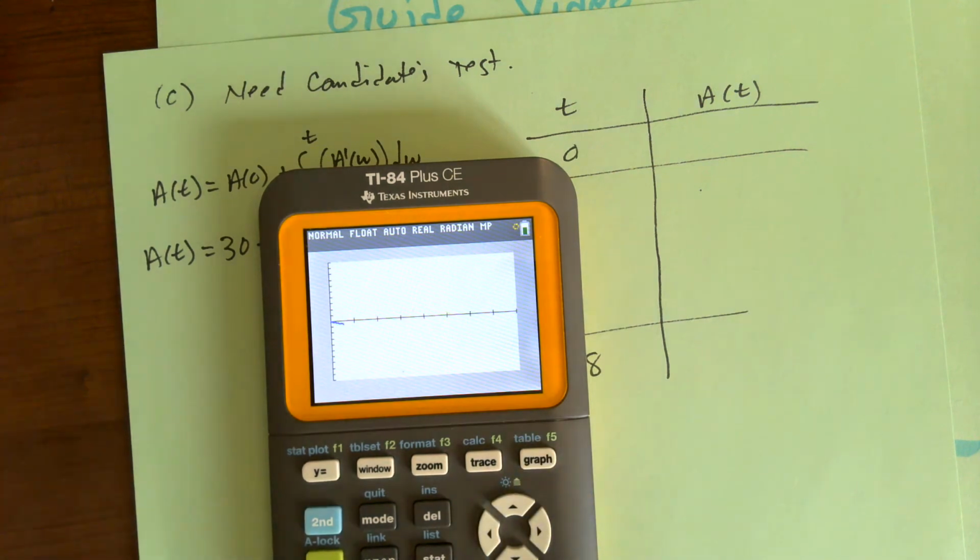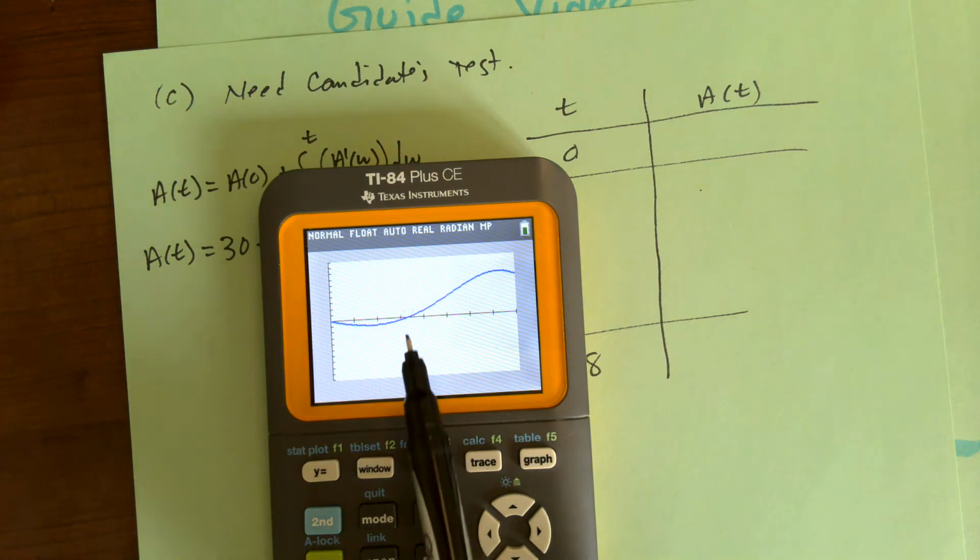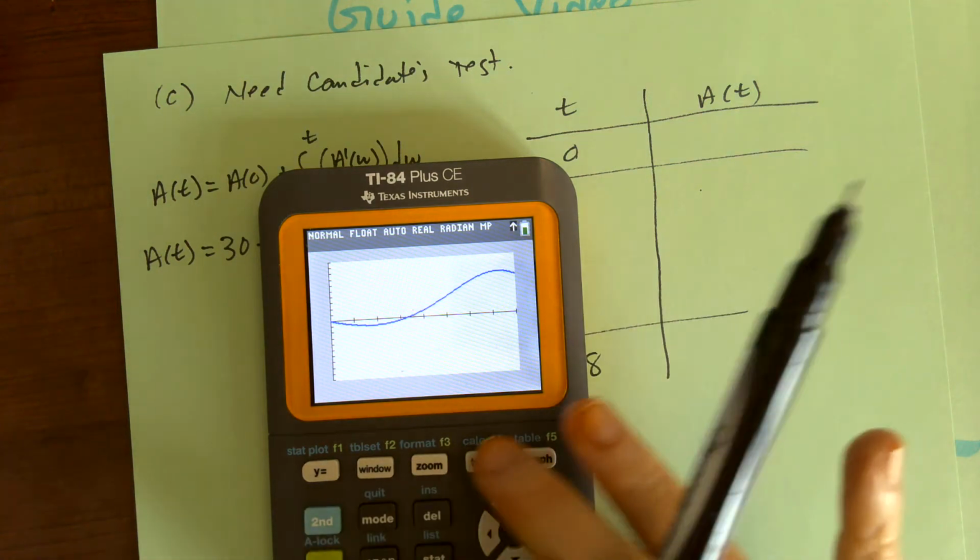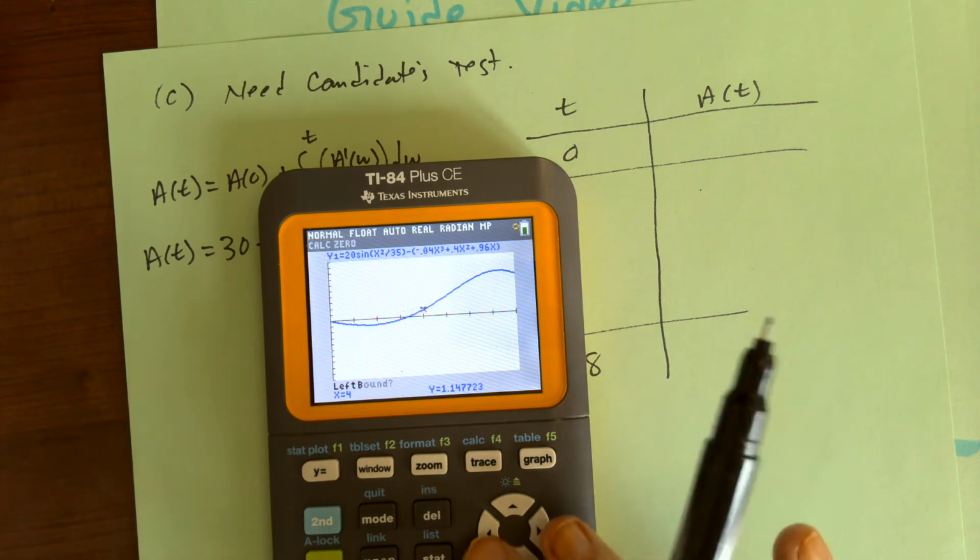But I graph, okay. Oh, thank goodness, we only have 1 zero. It's happening right there. So I'll go to 0.